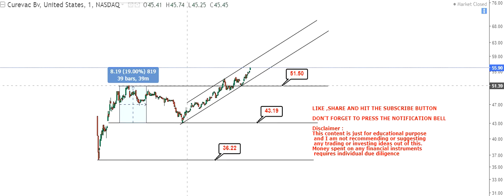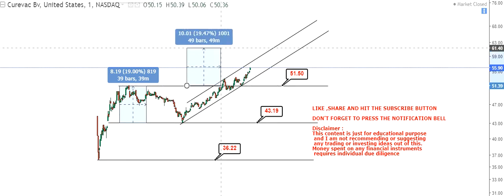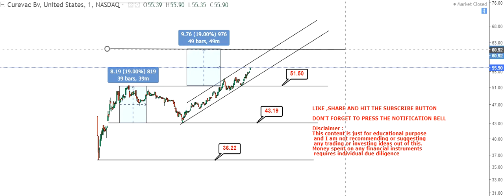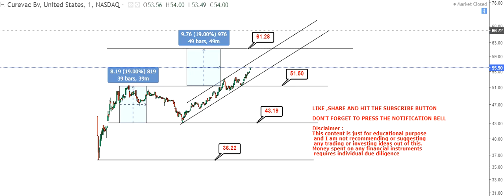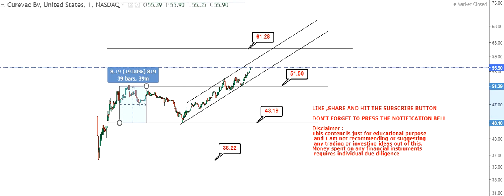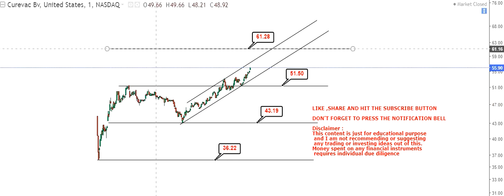So we can expect the stock to move in the same fashion and give you a 19% return. So the next probable target for this stock is going to be this one, 61.28.